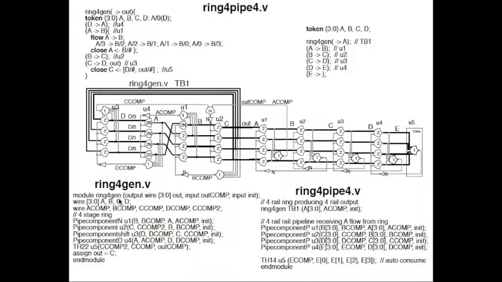So down here we've named this, and the pipeline is the same as before, except now we're referring to ring4gen to get the flow of A, and we're closing with A comp, which comes out of the pipe component.